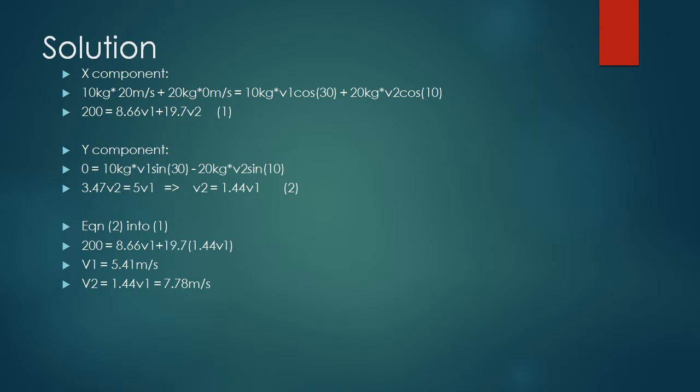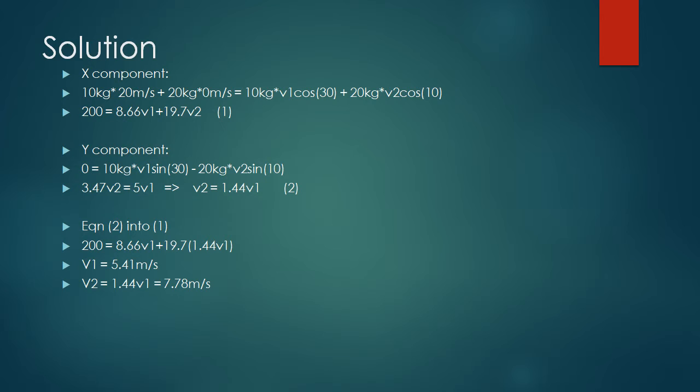Now, let's look at the y component. The y component before the collision is 0 because everything is traveling in the x direction only before the collision. However, after the collision, we have momentum in the y direction.